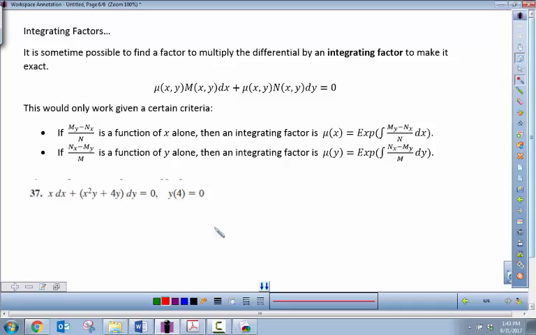So let's first verify that this, in fact, is not an exact differential equation, which it shouldn't be because they're giving it to us as a problem that's not exact. So our M and our N functions should not work when we find the derivative of M with respect to y and the derivative of N with respect to x.